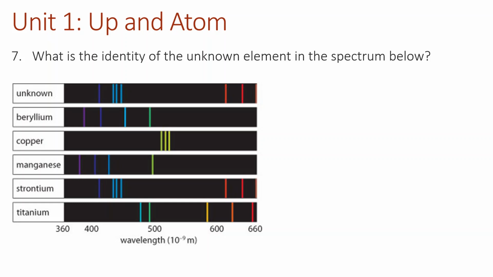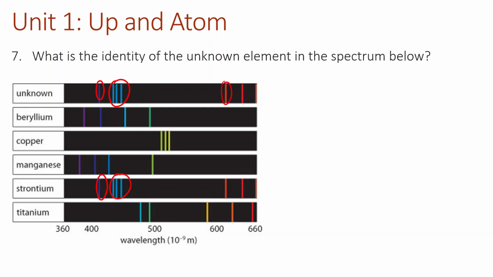Now, in this sample, we can see that our spectra here doesn't quite match manganese. It doesn't quite match beryllium, but it does match strontium here with this purple line. Then we have these 3 emissions in the blue region.